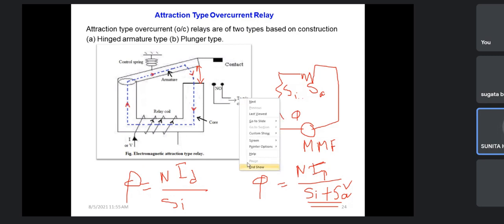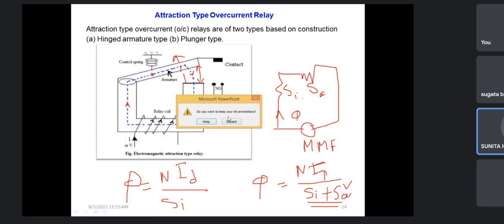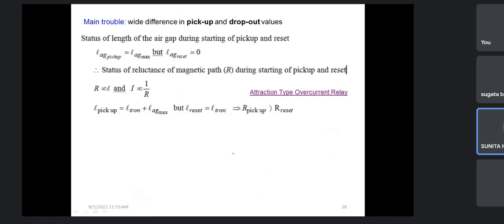But when it is withdrawing, I am showing by dotted line, moving in the opposite direction, that means it is going from close to open. So there is no initial air gap. So obviously the flux required will be less, right? So current will be less. So that's why there is a wide difference between the pickup and dropout actually.